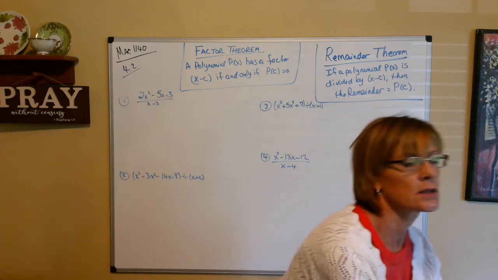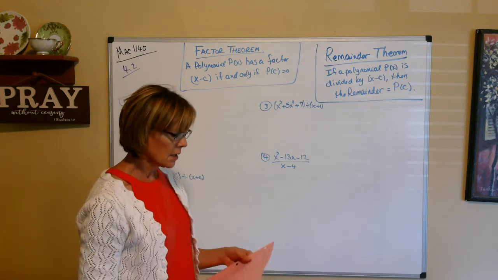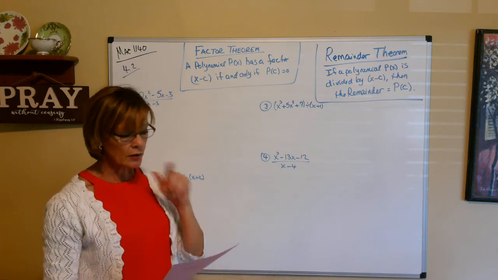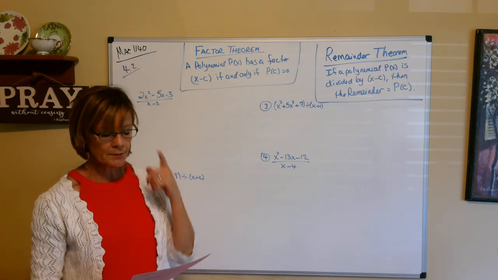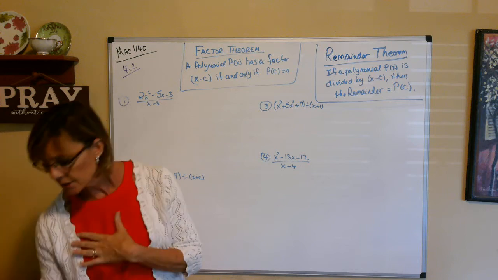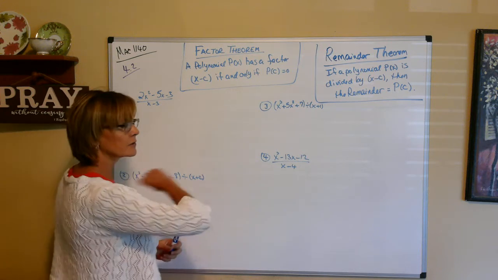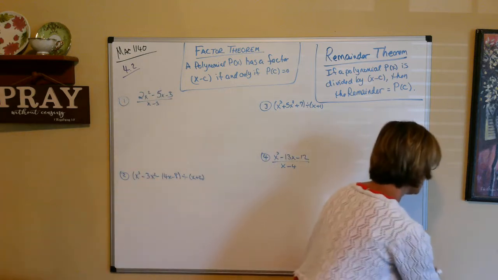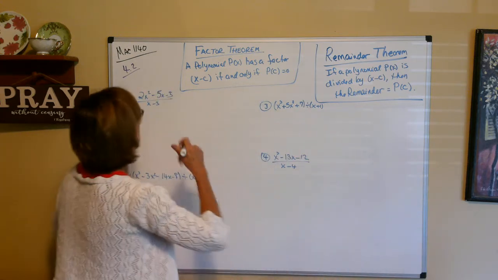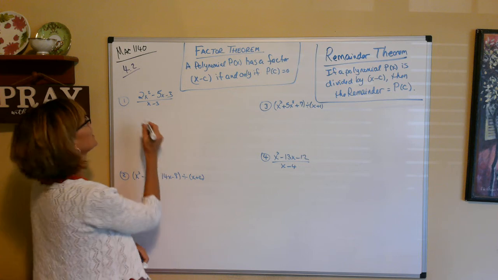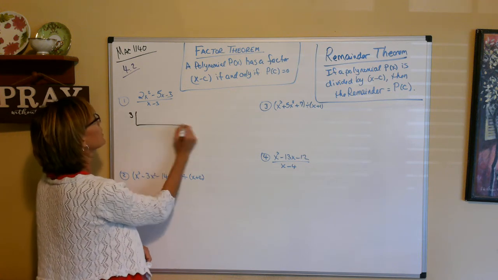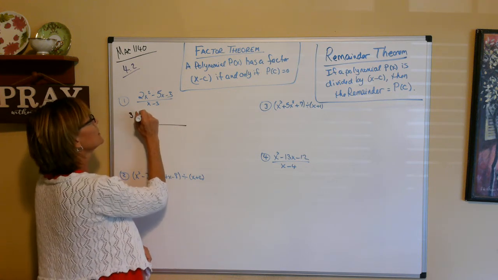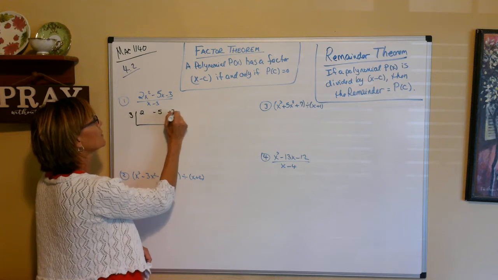Part A says divide the following polynomials p of x by x minus c using synthetic division. So let's just run through this. It won't take long to divide these using synthetic division. So number one, c is 3. We're going to put the coefficients 2, negative 5, negative 3.